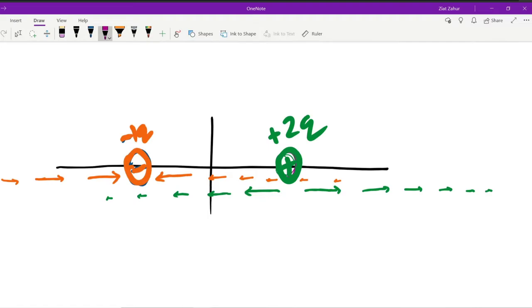So the net electric field will be something to the right, because the right will win. And as you get closer, it'll go bigger and bigger to the right. So this was choice A. And choice A points to the right. Definitely not a 0.